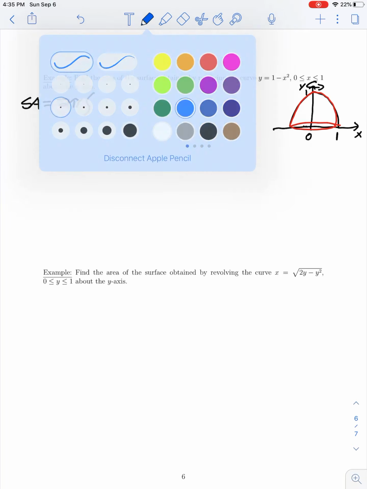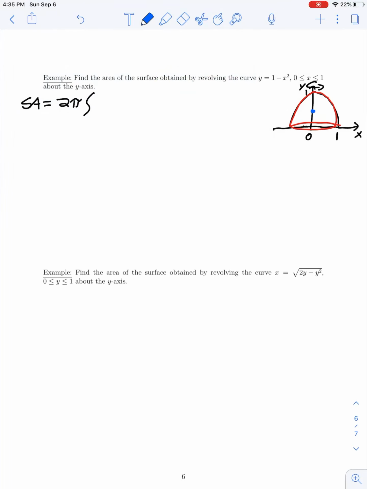Here, if we're revolving about the y-axis, the radius of our cylinder will be the distance from the y-axis out to the edge of my function, which is the horizontal distance x. And here y is a function of x, so I'm just going to leave it as x.